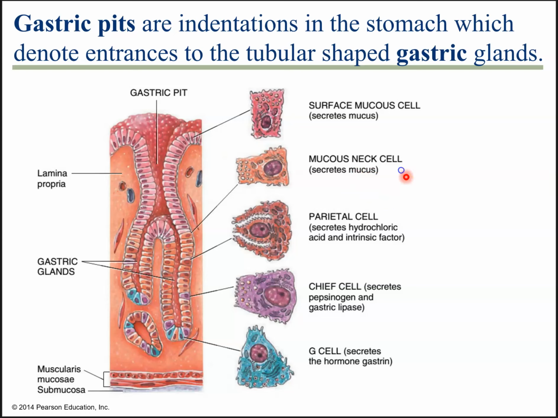But the function of these mucus cells is not completely understood. Now, we've talked about all of these cells, but just keep in mind that all of these cells are epithelial cells that line the stomach.